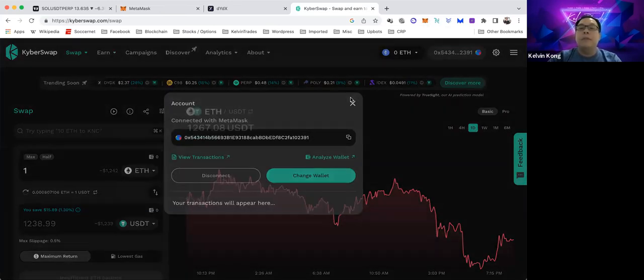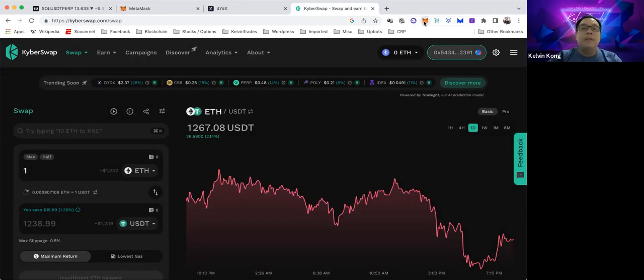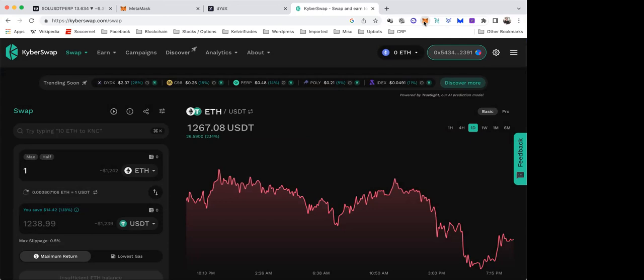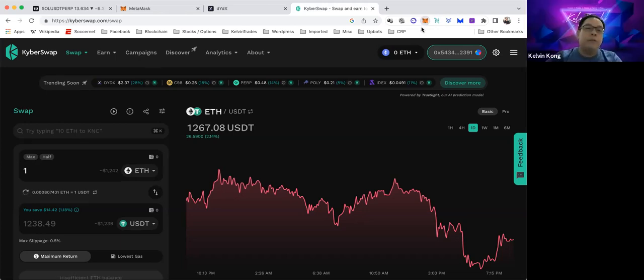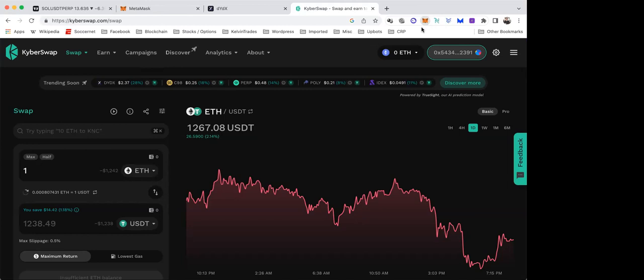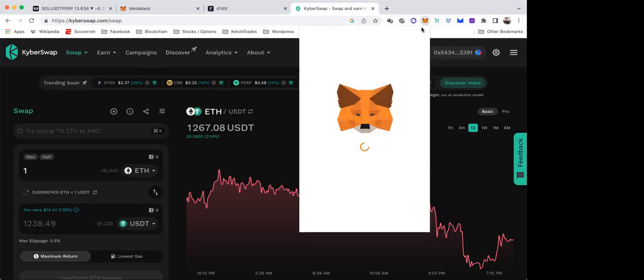But first, Kyber Swap is using Polygon Network, so on MetaMask I need to switch to the Polygon Network. Kelvin, sorry, new question. How do you know which network or which coins they use? You know Kyber Swap uses Polygon, then some use Ethereum.